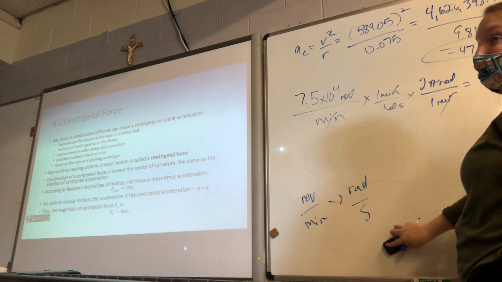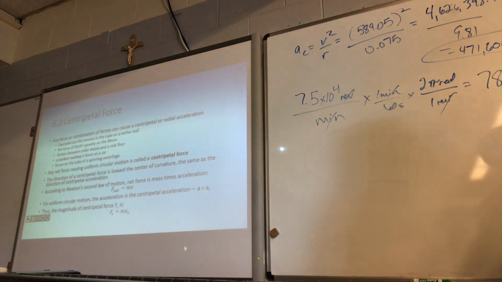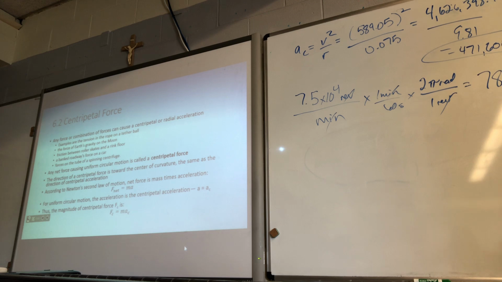I'm sorry, quick question on the problem. I understand how you got to angular motion, but why did you multiply it by the radius of 0.075? That was the 7.5 centimeters. To get from angular to linear, you have to multiply the angular velocity by the radius. Can we not leave it in angular?